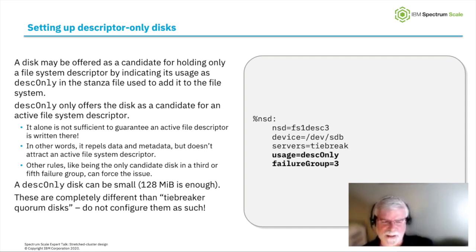Don't do something like say, well, I've got 3 pools, so I'll use failure groups 1, 2 for system, 3, 4 for gold, 5, 6 for bronze. That's not going to work. You'll lose control over where your file system descriptors go. Just always stick to failure groups 1, 2, and 3, and base them only on whether they're in the same failure domain or not.